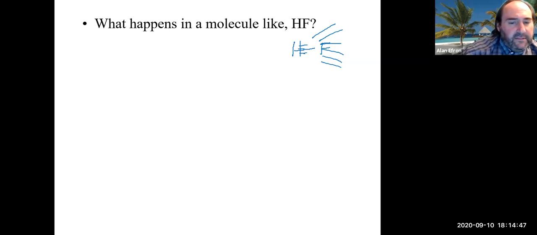And what that's going to do to a bond like that is separate what is known as the charge here. So essentially what's going to happen is the fluorine, because it's going to have more electrons hanging out near it, is going to become more negative, and it will get a partially negative charge.